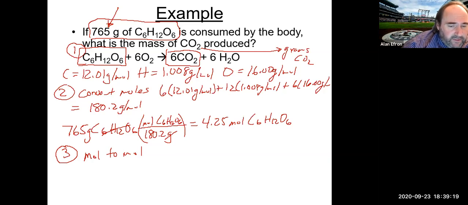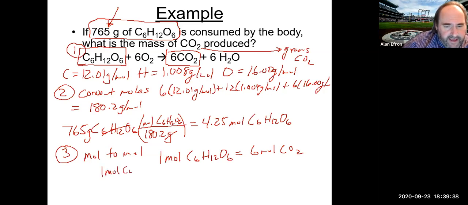From the equation, we see that for every 1 mole of C6H12O6, that gives us 6 moles of CO2. Like we talked about before, you could get yourself 2 conversion factors from that, one with the CO2 on the bottom, and one with the CO2 up on top.